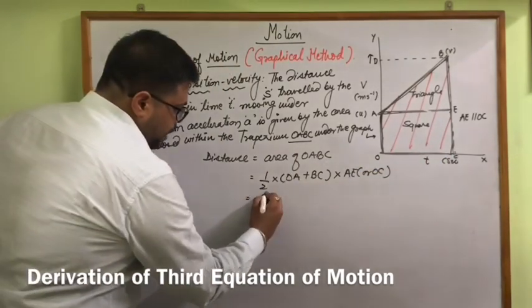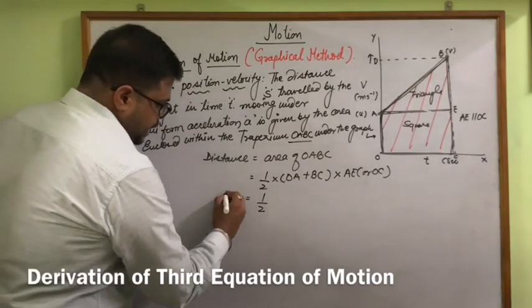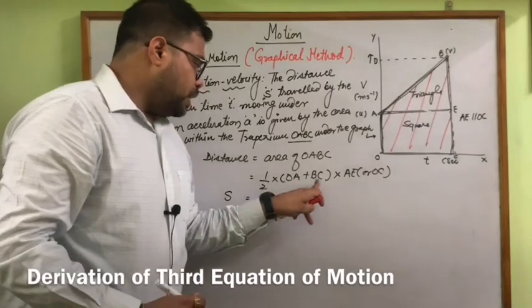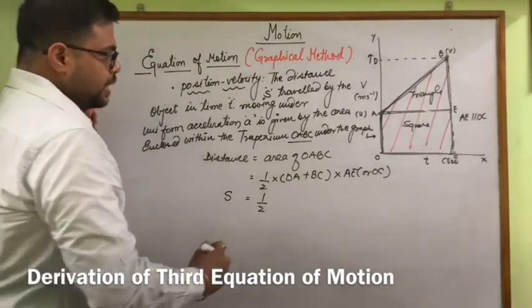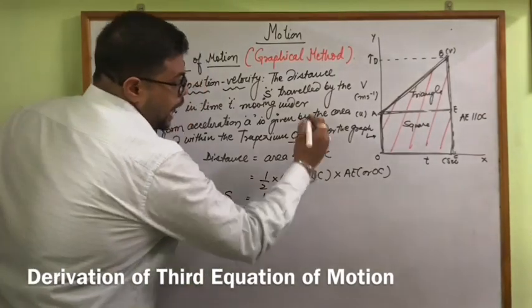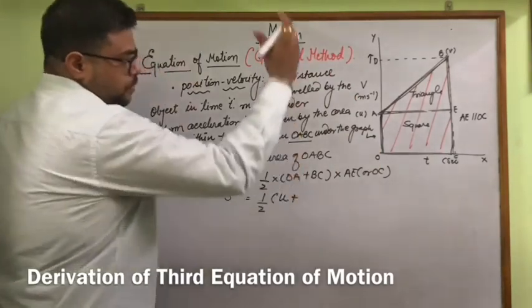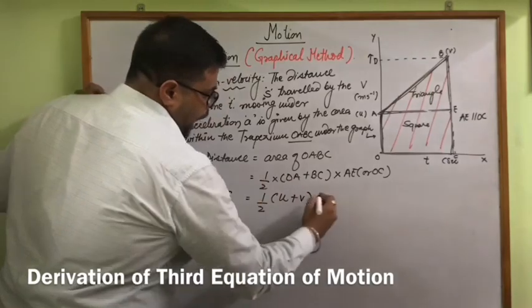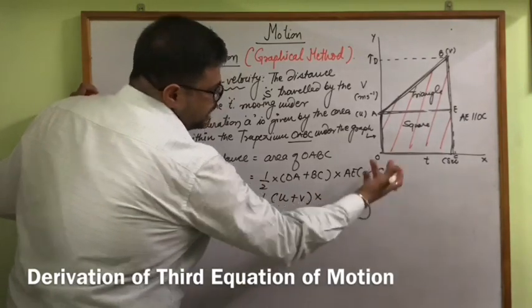Now we know that the distance s is half into OA plus BC. OA here is u and BC is the final velocity v, multiplied by OC, which here is t.